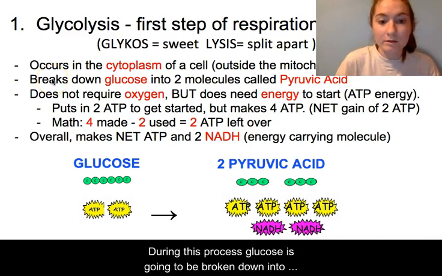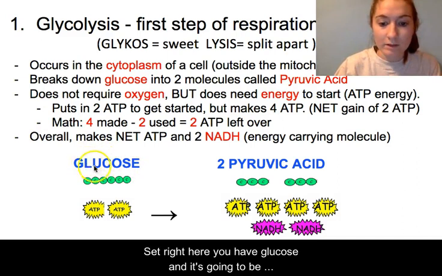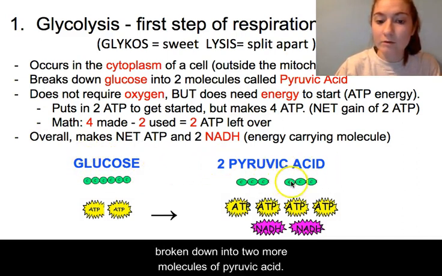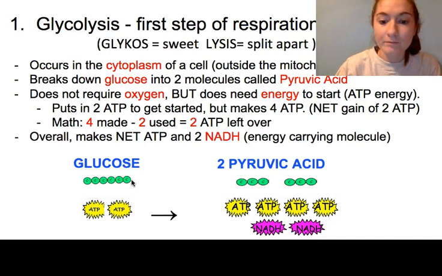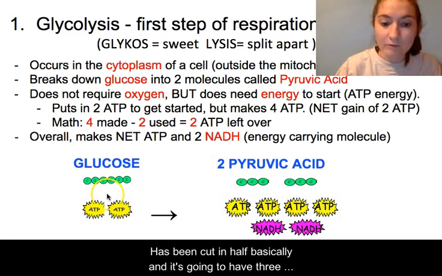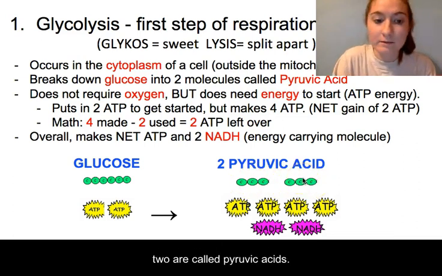During this process, glucose is broken down into 2 molecules called pyruvic acid. You see that glucose was made of 6 carbons, and it's cut in half, so it's going to have 3 carbons over here and 3 carbons over here, and those 2 are called pyruvic acids.